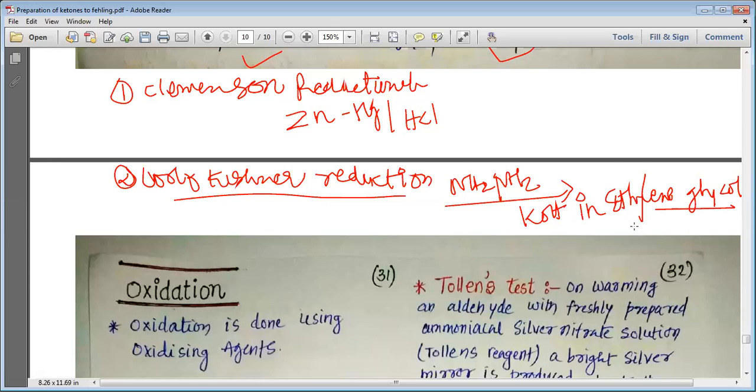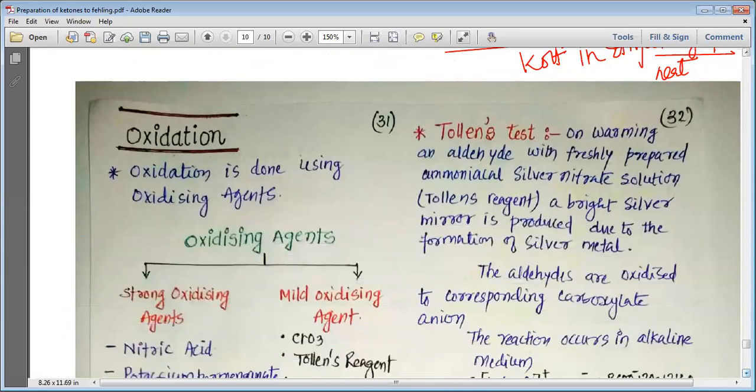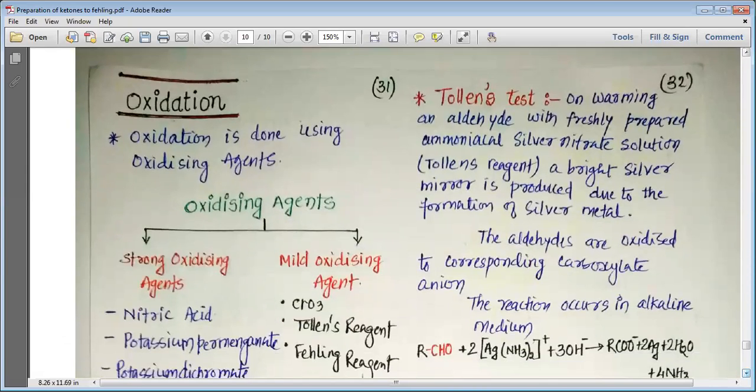And we need to provide heat. So this is how any carbonyl compound can be easily converted to an alkane. So aldehydes and ketones can be converted to an alkane or hydrocarbon by Clemmensen reduction or Wolff-Kishner reduction.